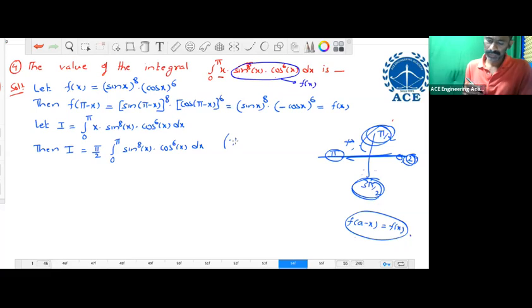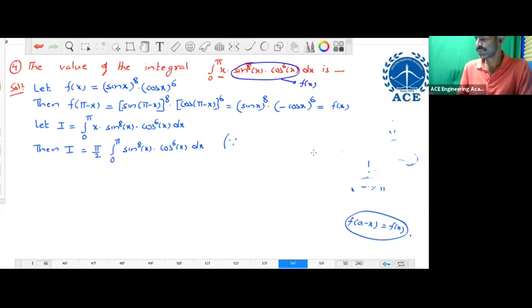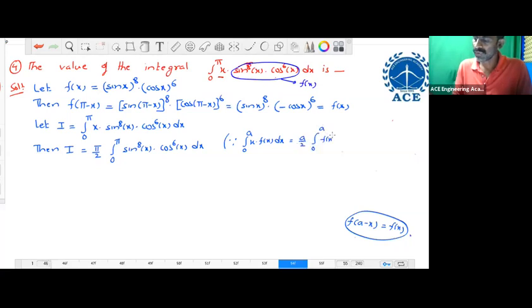Since integral 0 to a x into f of x dx equal to a by 2 into integral 0 to a f of x dx if f of a minus x equal to plus f of x. According to this property, we have written like this.